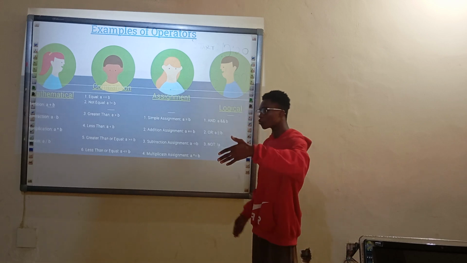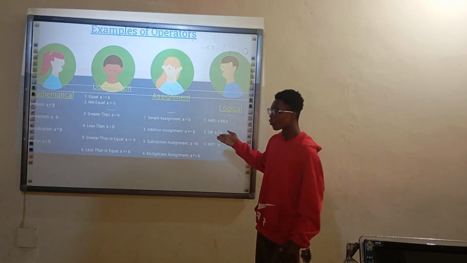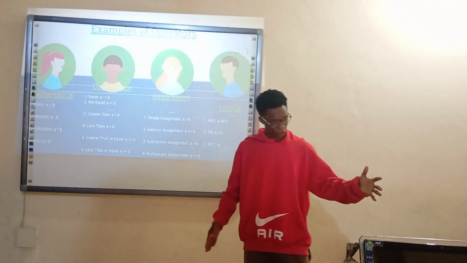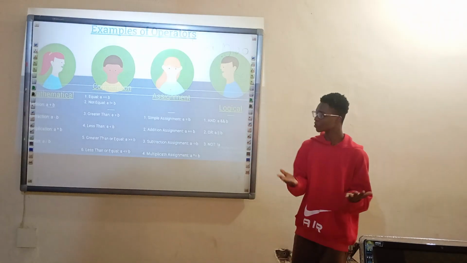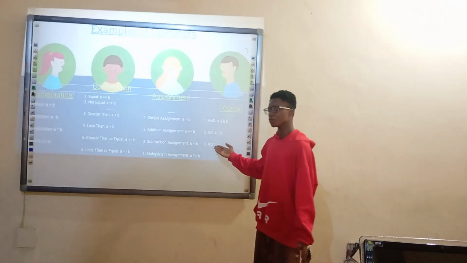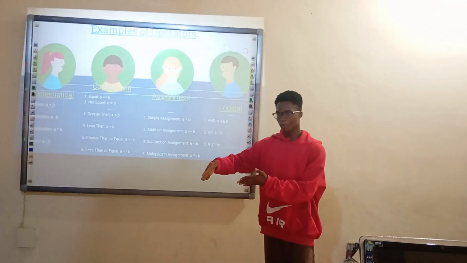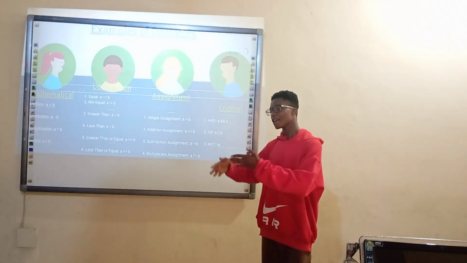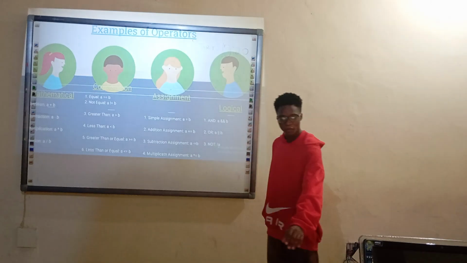But if just one is true, it will print out false. That's how AND works. Then OR: if at least one of our statements is true, it will print out true. Only if both of them are false will it print out false. Then NOT A is basically simple. Let's say I am here, it prints true, but if I am not here, it prints false. Moving on.